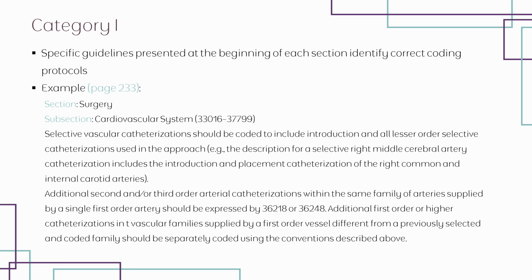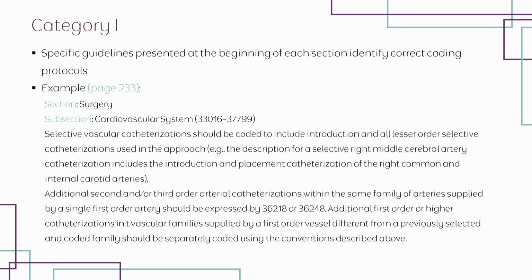These guidelines clarify which codes can or cannot be reported together, when additional codes may be required, and they provide special instructions for certain services or procedures. In many cases, they also reference additional important information that you'll need to review to ensure that your code selection is both accurate and fully compliant.